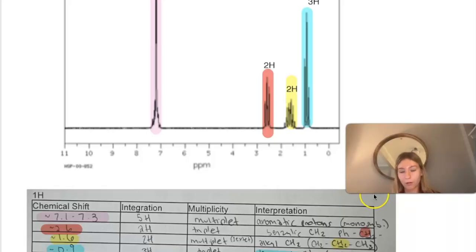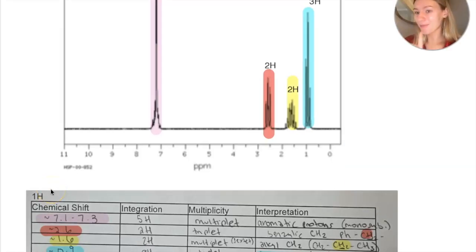So we have 5 equally integrated protons coming off of this benzene ring, but they're not actually equivalent, so it doesn't lead to them being just perfect singlets. They're multiplets, so that's why we have this messy peak right here. It would have just been a nice straight line, but now it has this mess at the bottom.